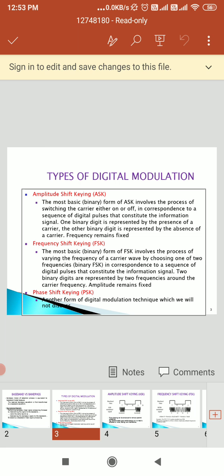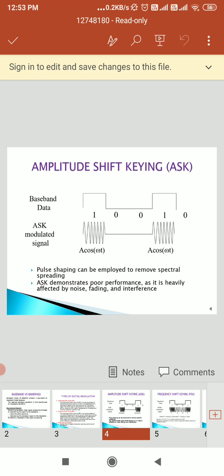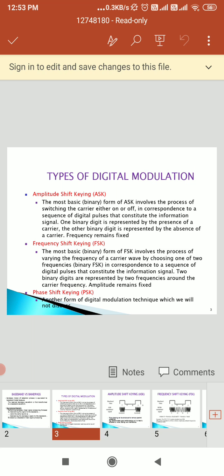If you see, the amplitude is fixed, only there is a change in the frequency. So you can see here the baseband signal and binary frequency shift keying, BFSK. If we are using FSK, we get a change in the frequency, but the amplitude remains constant. Now we can talk about the PSK.